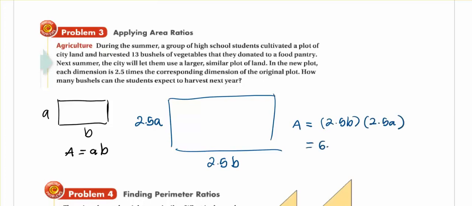It works out to be 6.25 times the original area. So if we understand that they were able to make 13 bushels of vegetables here, then they should make 6.25 times 13 bushels of vegetables there, or 81.25 bushels.